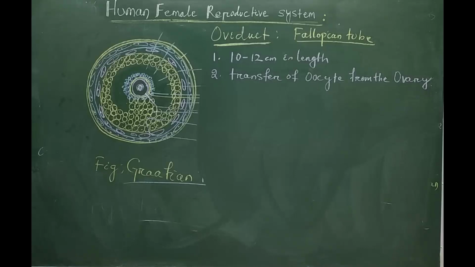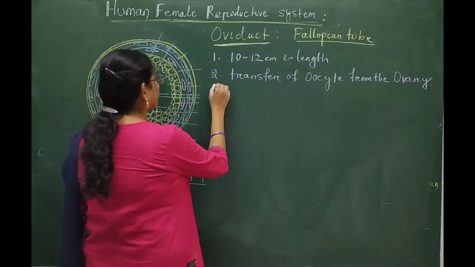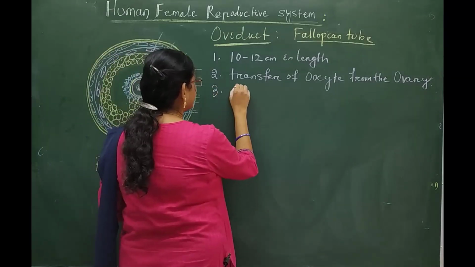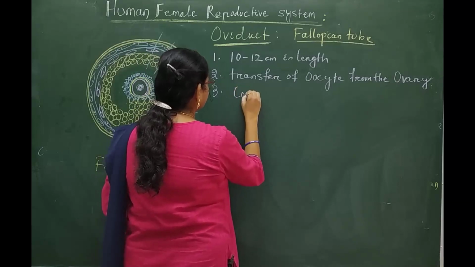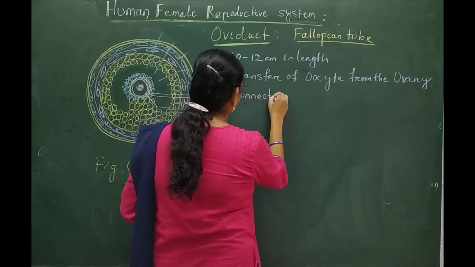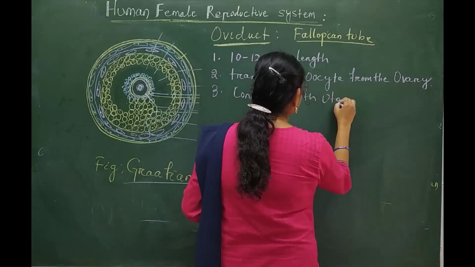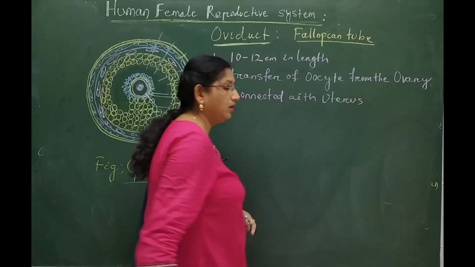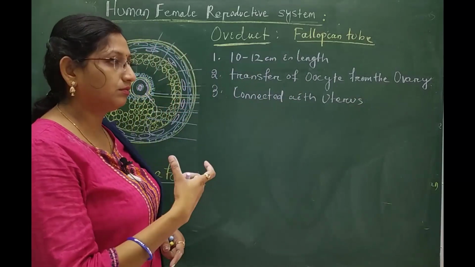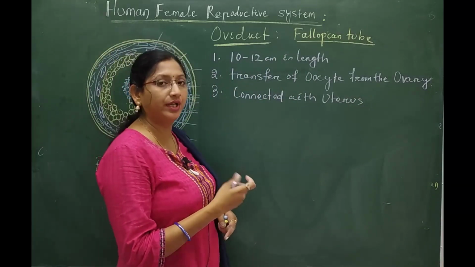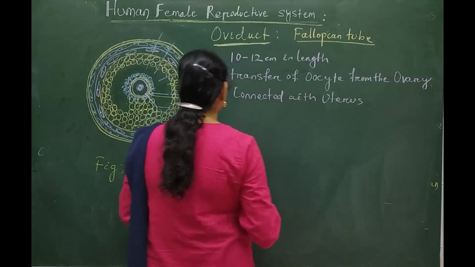Next, this tube is connected with the uterus. That means it starts from the attachment at the ovary and is connected with the uterus.